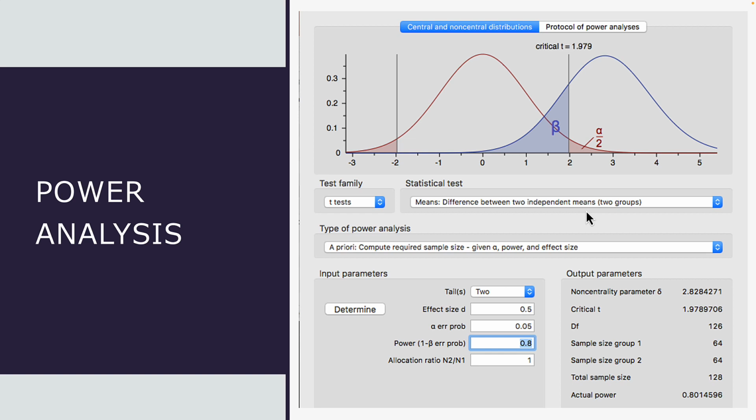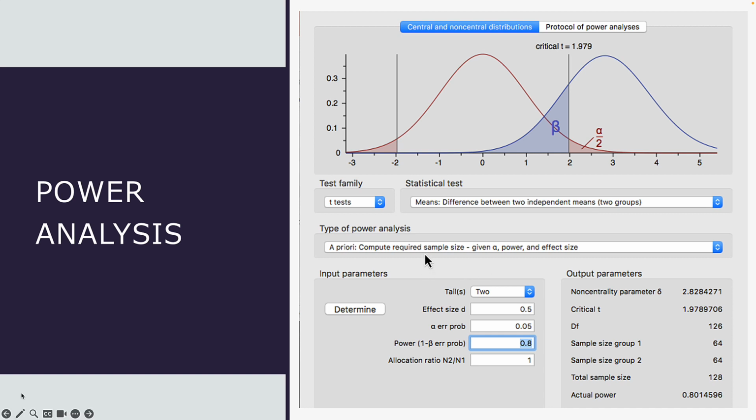Either we're randomly assigning them to aerobic exercise, or we are randomly assigning them to a control group without aerobic exercise. And so you want to make sure that your t-test family remains the t-test, and that the specific statistical test that you choose for your power analysis is the difference between two independent means or groups.